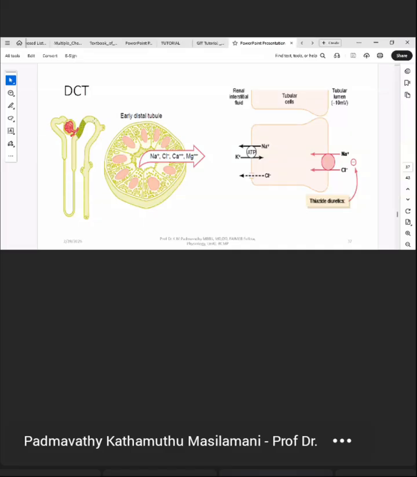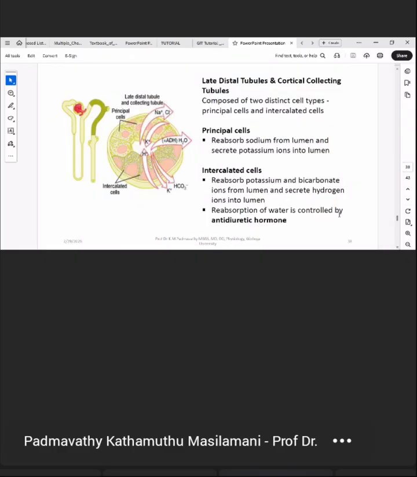Okay. And in the late part of the distal convoluted tubule, there are principal cells and also the intercalated cells. You can see the principal cells will absorb sodium and secrete potassium, and then the intercalated cells absorb potassium and secrete hydrogen. Meaning that the late part of the distal convoluted tubule will determine the acid-base balance.